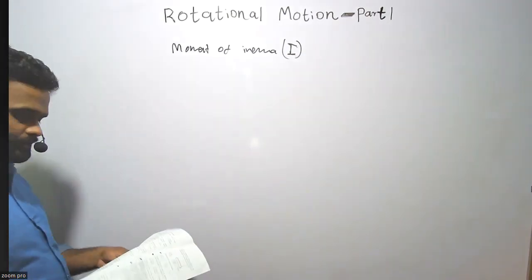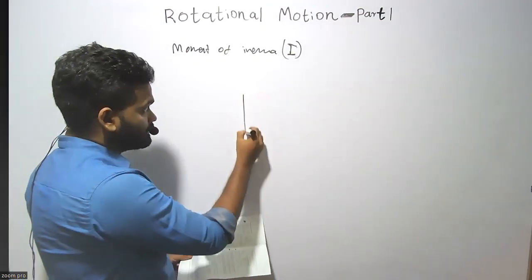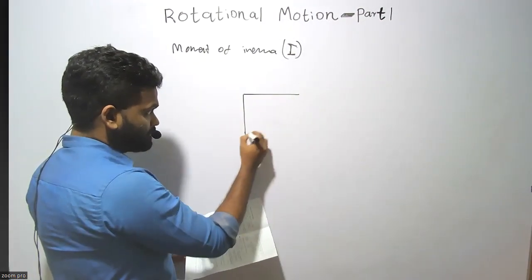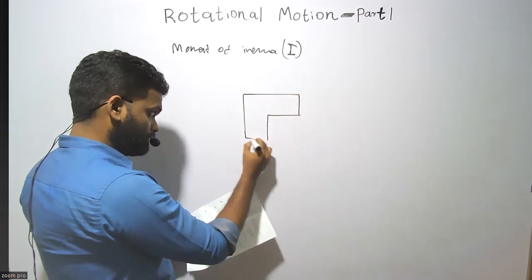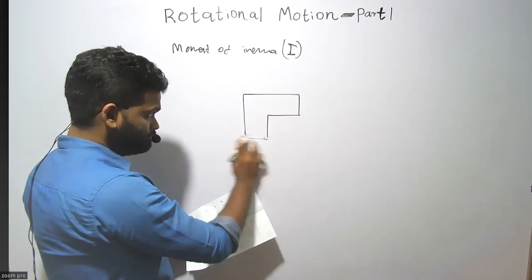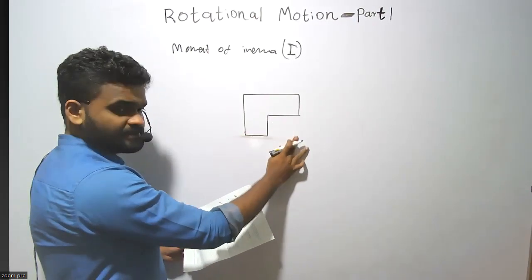So for the 13th one, we have a plate like this. There's something. So this is the plate. This part is cut off, right?